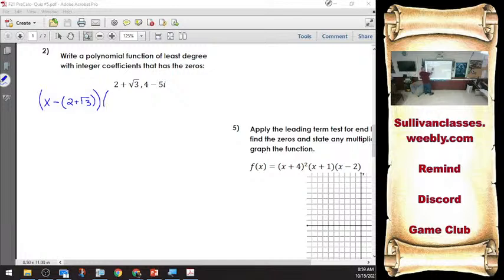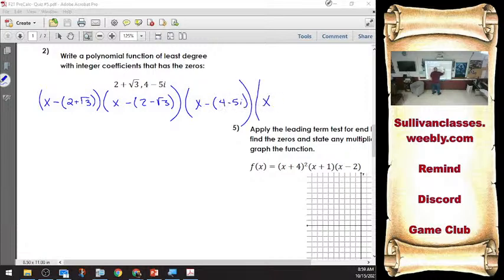Do you really want to do that with its conjugate, and then that with its conjugate? You can go distribution bonkers on that, or handy dandy cheater that says x squared minus 2ax plus a squared.